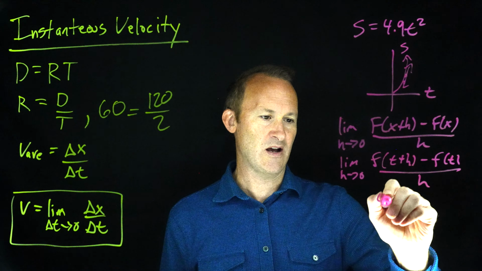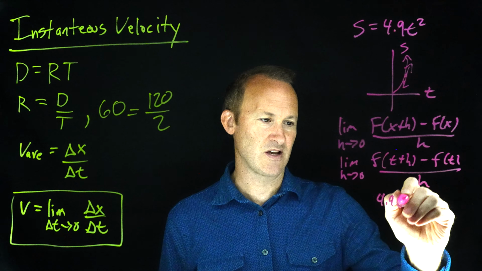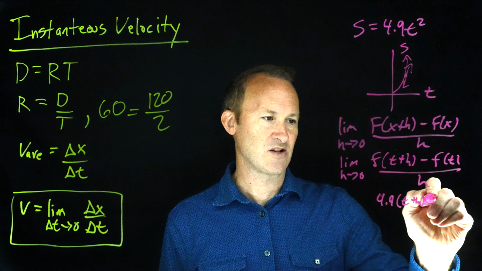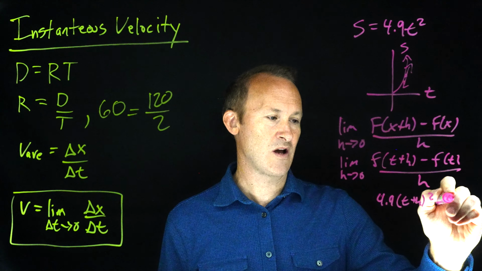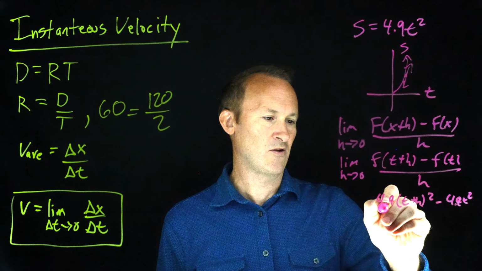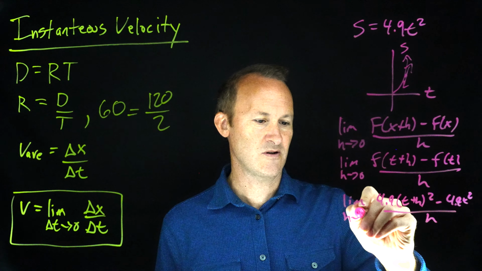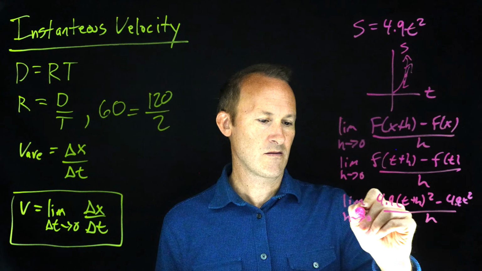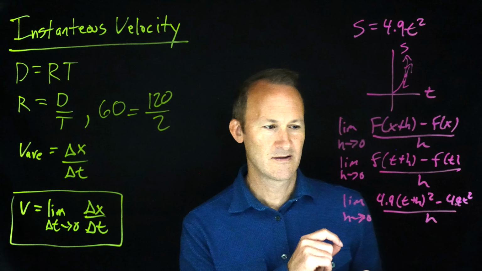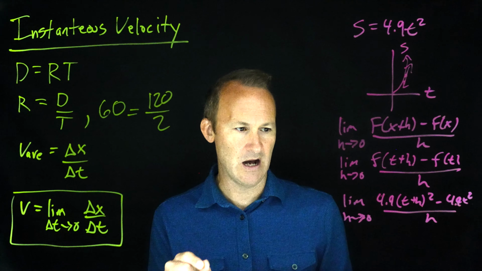It's 4.9, and then whenever we see a t, you put in t plus h squared minus 4.9 t squared all over h, limit as h goes to 0. But you can pull out the 4.9.